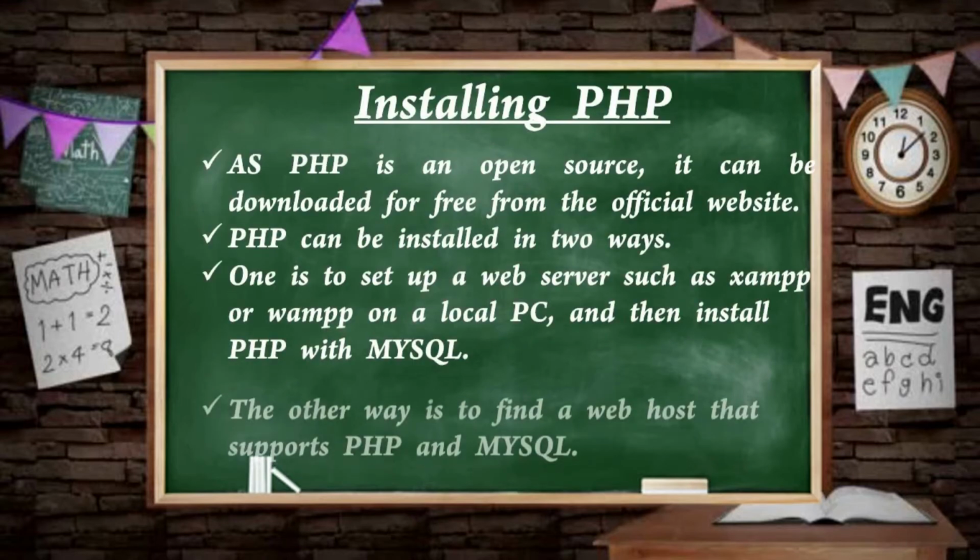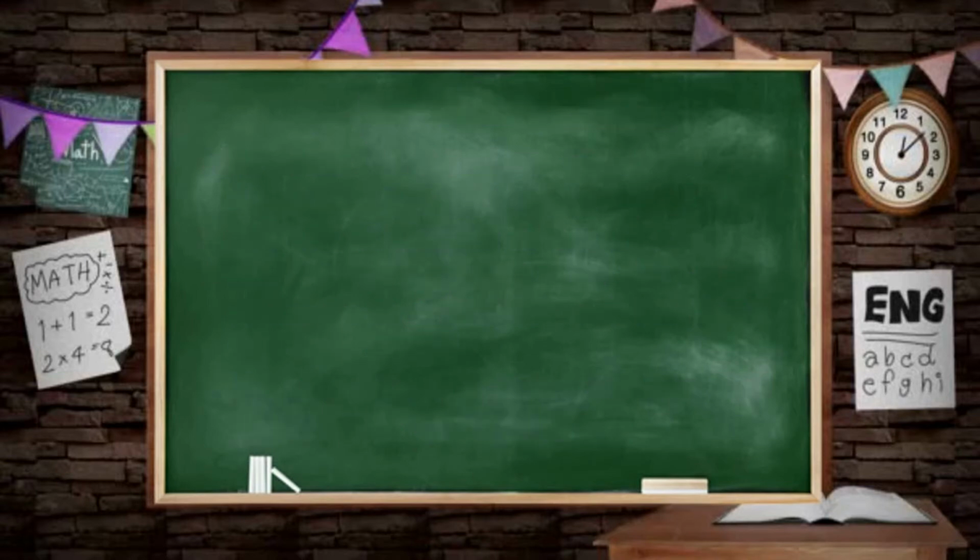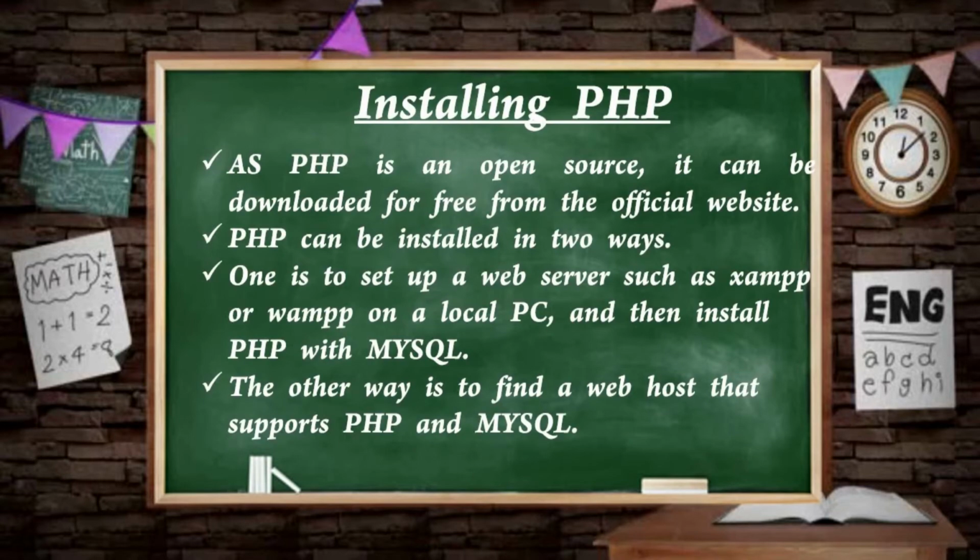So let's see how to install PHP, right? As it is open source, it can be downloaded from the official website and it can be installed in two ways, right? One is to set up PHP on your local PC with the help of a web server such as XAMPP or WAMP, right?